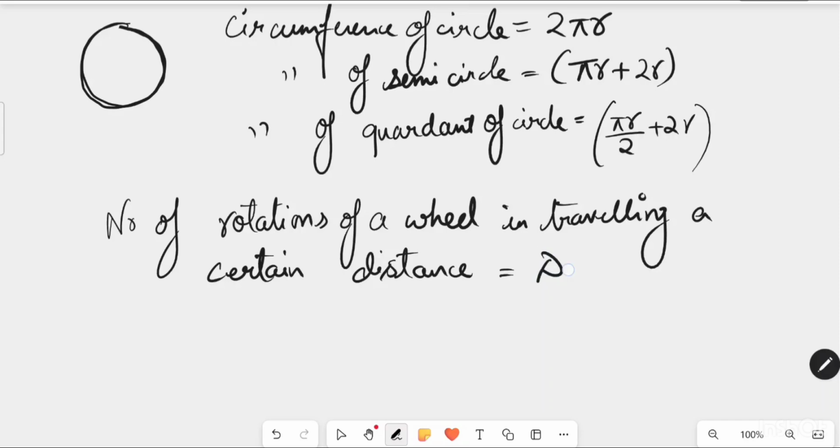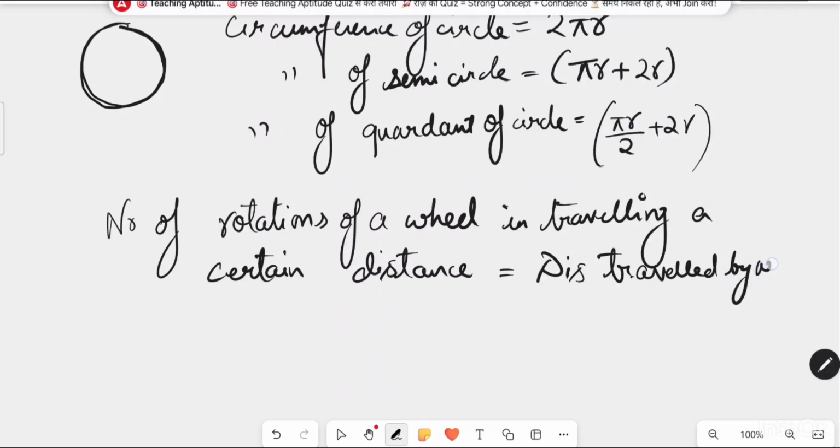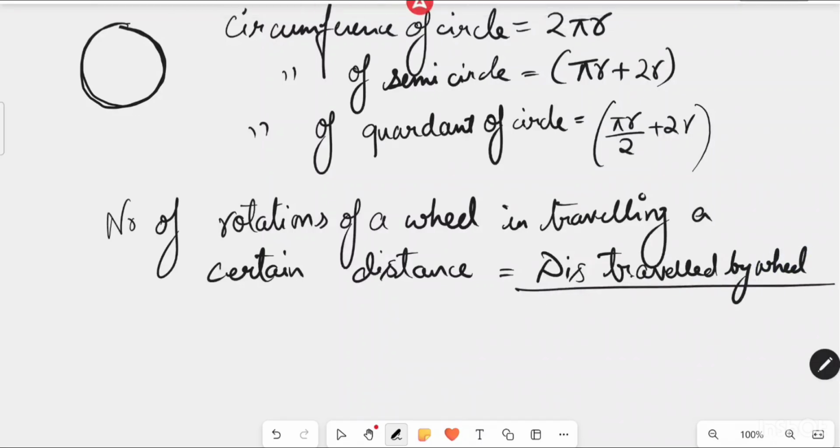The distance traveled by the wheel divided by the circumference of the wheel.